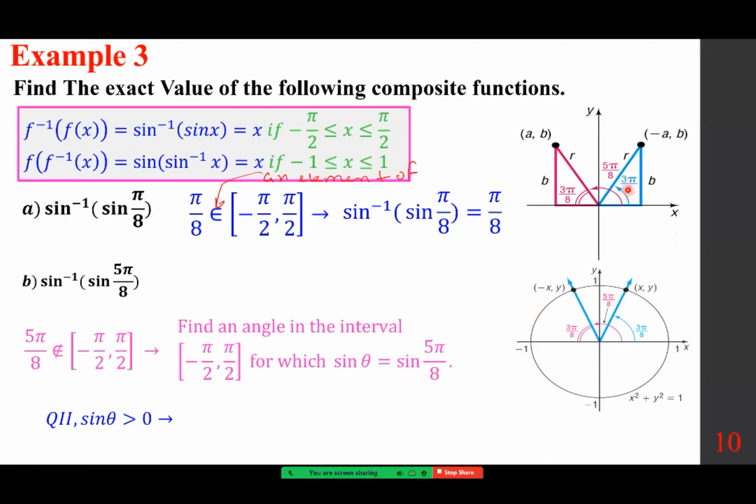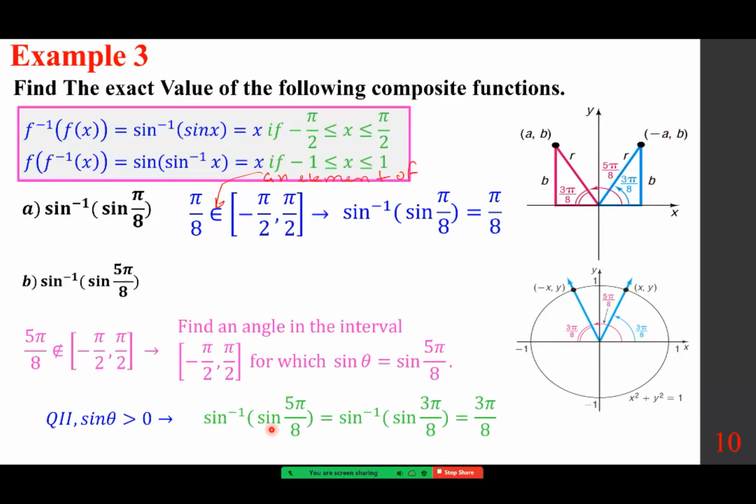If you look at that, remember, this is A over R, cosine, and B over R is sine. B is the same, with the same sign, both positive, whereas A, for example, would be the negative of the other.